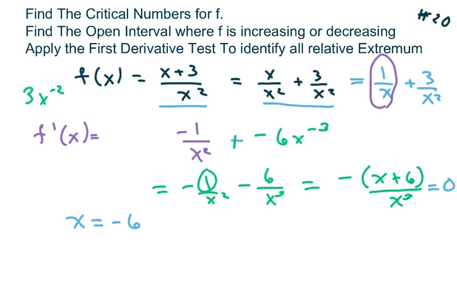And we also have a discontinuity. That's a critical number. We have a discontinuity at x equals 0 because you can't divide by 0, so that's going to generate a vertical asymptote. And we want to check this out and see what's happening on the left side of the asymptote of x equals 0 and on the right side.